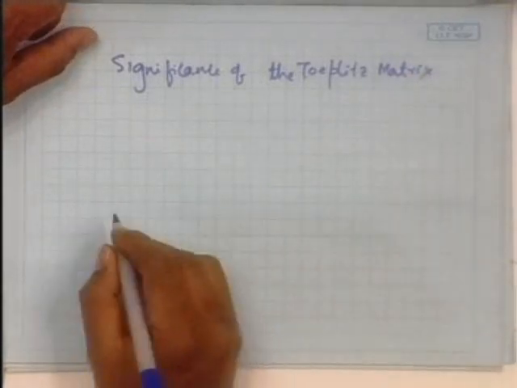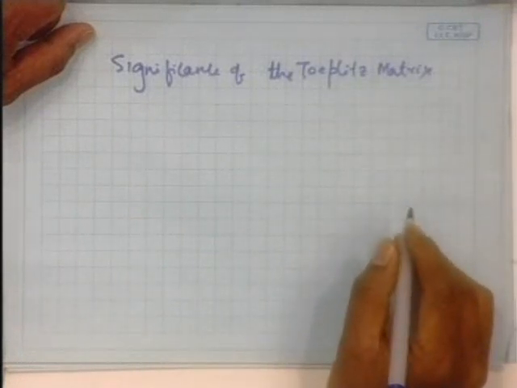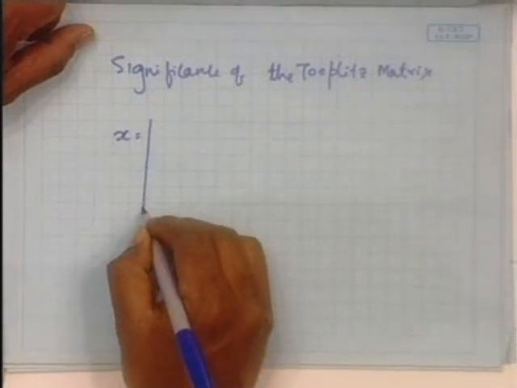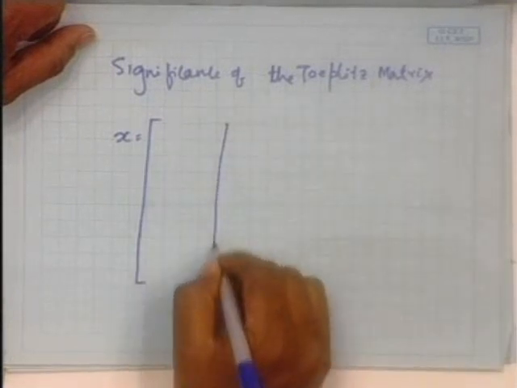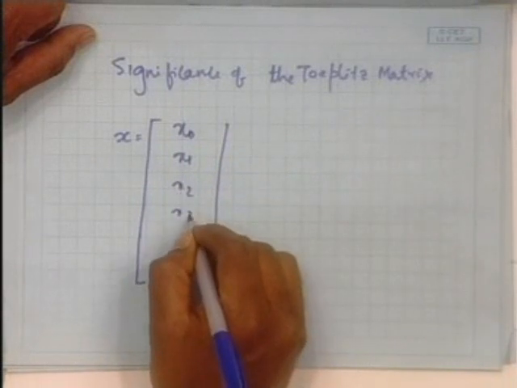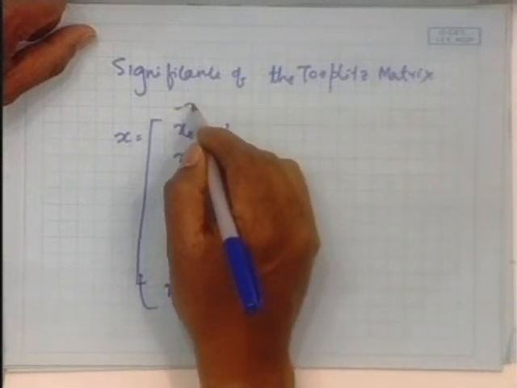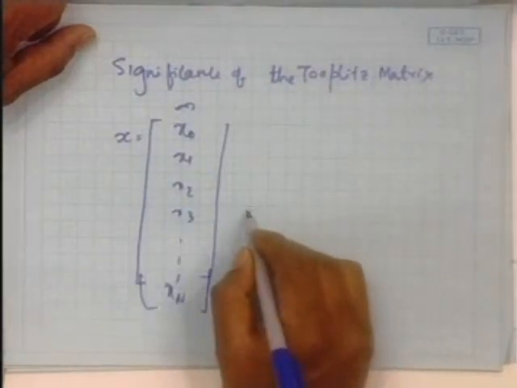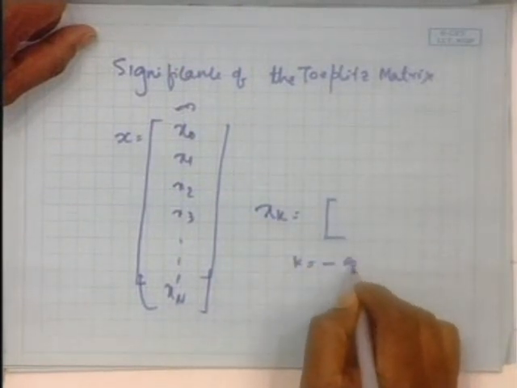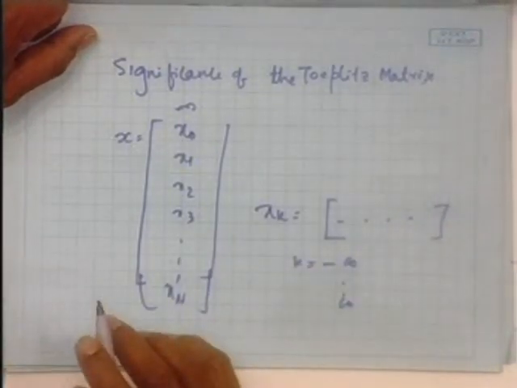If you have a signal which has been sampled by some AD converter and it is available inside your computer, let us write that signal in the form of a vector: x0, x1, x2, x3, and so on up to xn. Prior to that you will also have x minus 1. So the samples of the signal, xk, are available, where k varies from minus infinity to plus infinity. Let us say your computer has infinite memory.